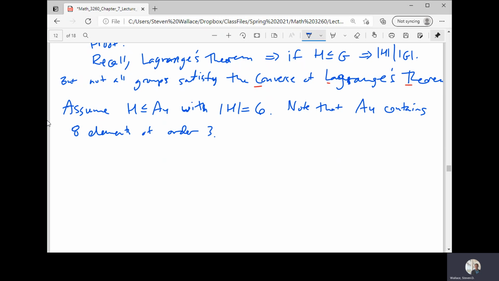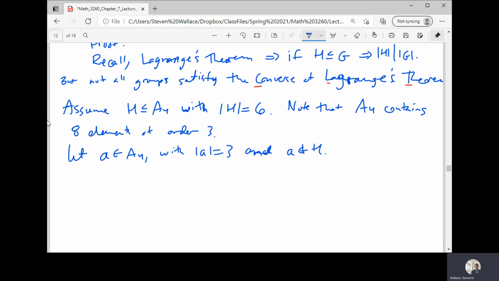And those are all even, so they're all in A4. So we know that there's got to be something inside A4 that is not in H. So let A be in A4 with order 3, and A is not in H.